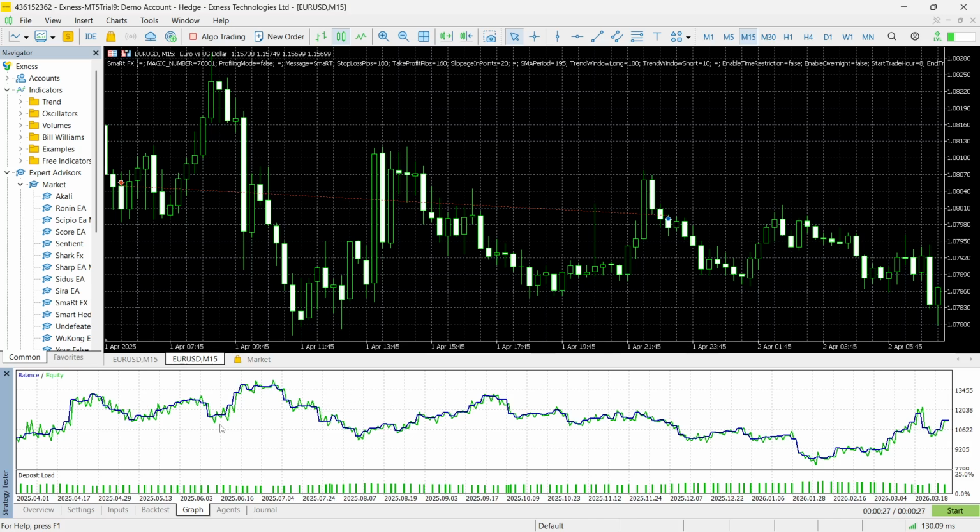Periods of smooth, steady growth when conditions line up with the trend logic, followed by sections where the curve goes sideways or bleeds down as the EA grinds through a series of small, frustrating losses. The win rate itself is often decent, but the distribution of wins and losses is very regime dependent. That's the key thing the marketing doesn't really highlight. Performance lives and dies on market regime.